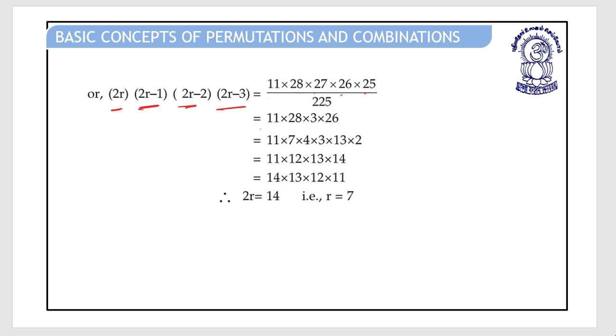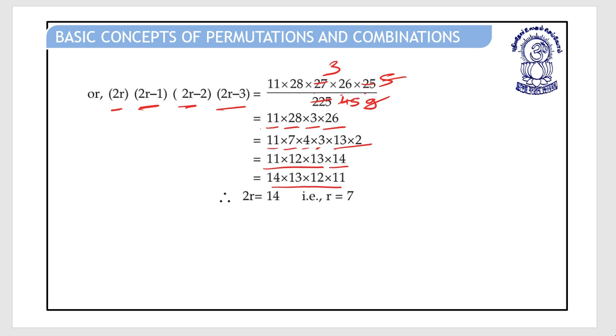After solving this, you get 11 into 7 into 4, 7 4s are 28, 3, 13 2s are 26, so 11 into 12 into 13 into 14.